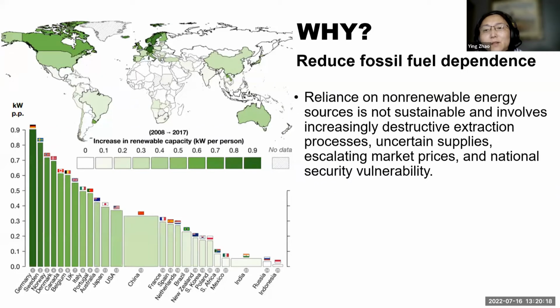Therefore, some states that perceive themselves to be resource deficient will have an enormous incentive to acquire more resources to hedge against politically motivated actions, and exert control over other states. So that's to gain more control of the energy.